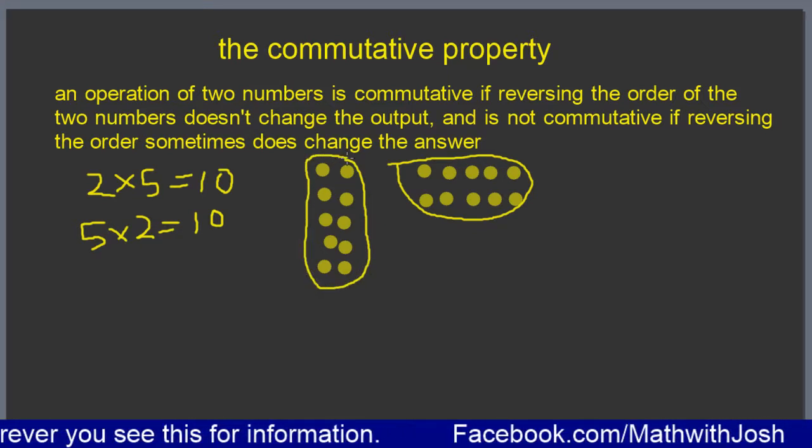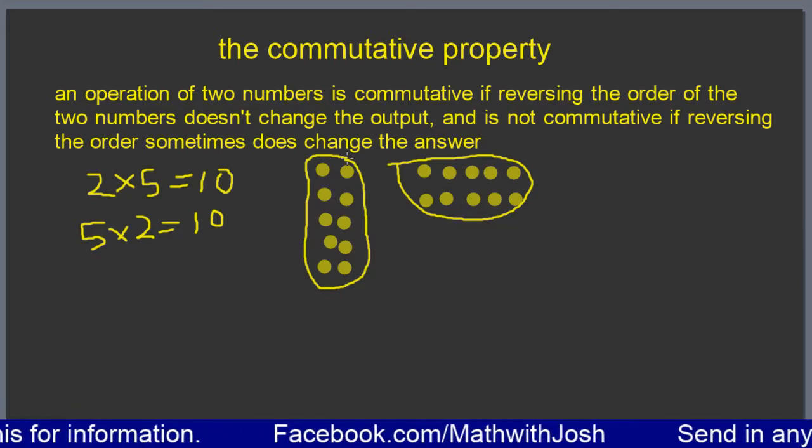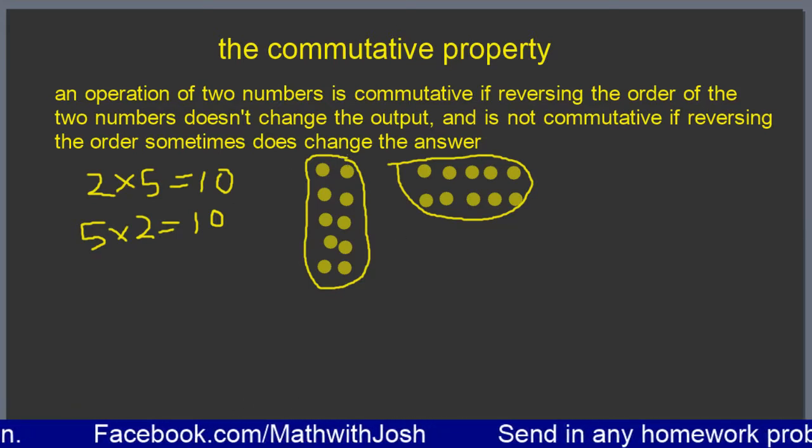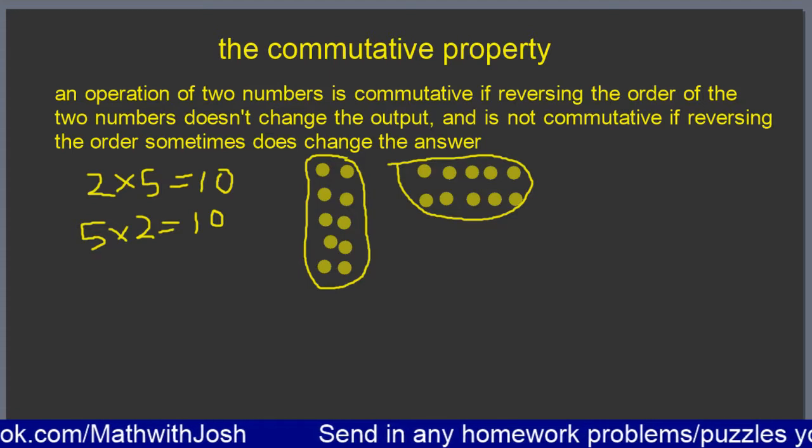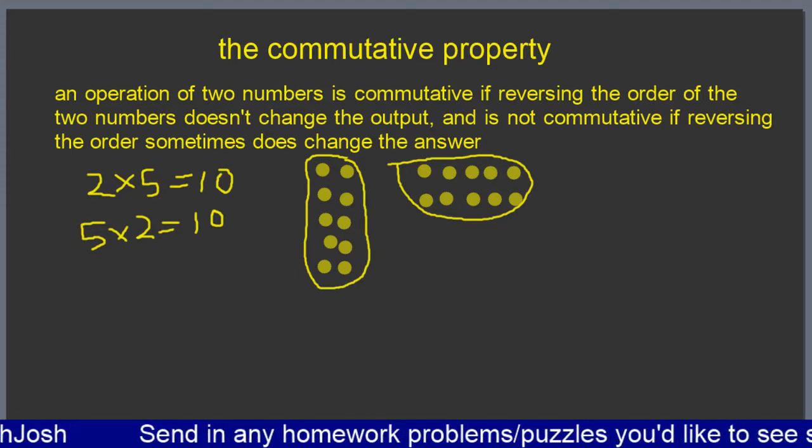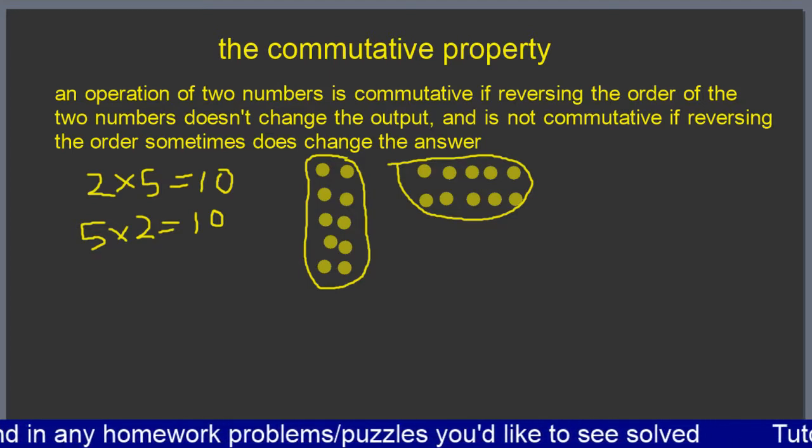And you can imagine and think about for yourself that this will work for any multiplication problem. It's very clear how it works for positive numbers especially. So that's the commutative property, and that's the rule.